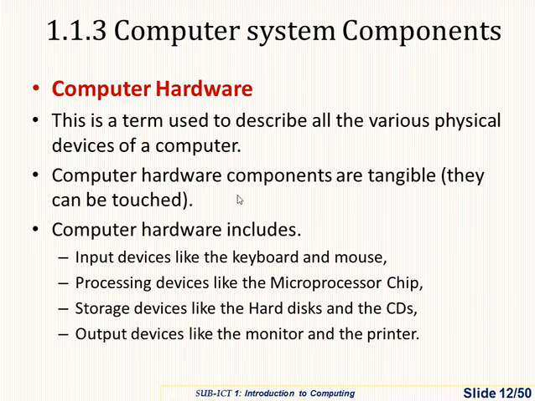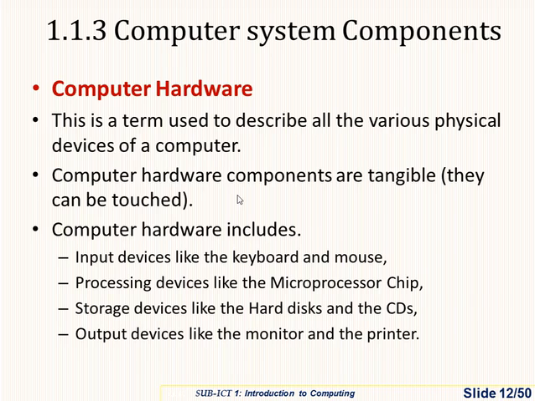So computer hardware is categorized into 4 main categories. That includes input devices that are used for entering data into the computer, for example, the keyboard, the mouse, the cameras, etc. Another category is called processing devices that are used simply to convert data into information.